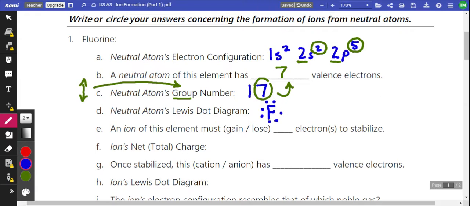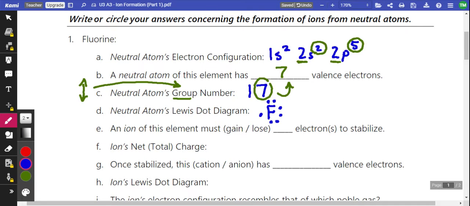And again, it doesn't really matter how you organize those around. You could do it instead, like 1 here, and maybe your odd one out is over here. That's fine. We tend to spread them out as much as we can before we pair them up, just like we do in orbitals. But as far as where that leftover, unpaired electron is, it doesn't really matter where you leave it in this case.